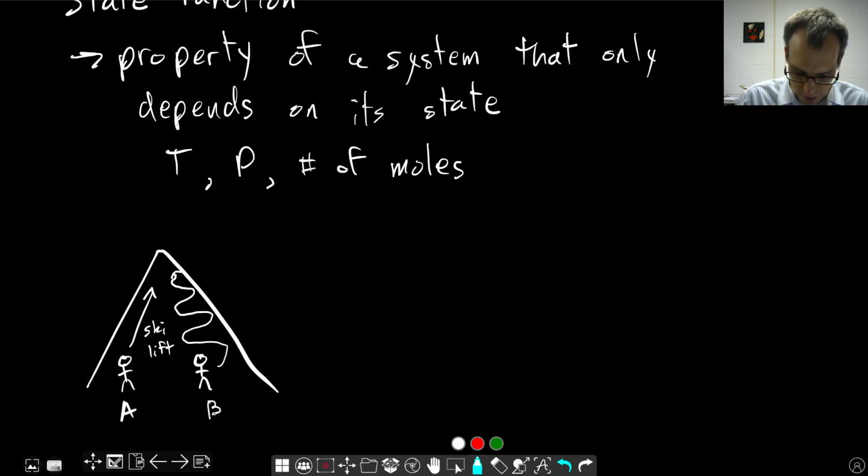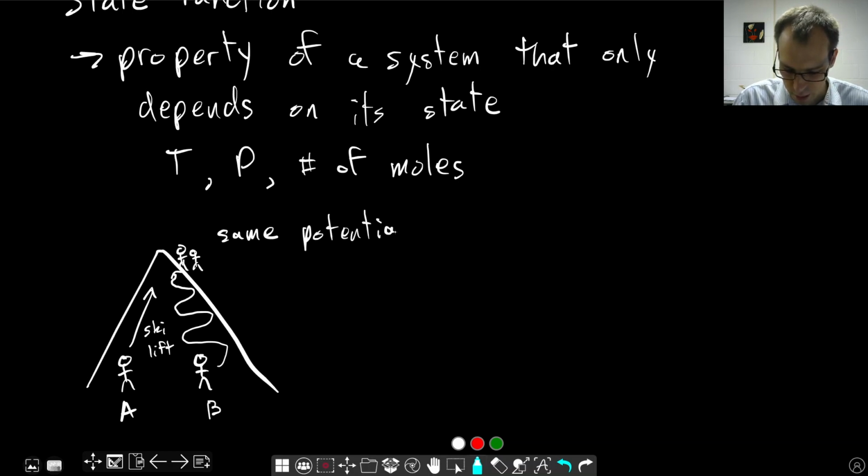So skier A and skier B are right next to each other, and they happen to weigh exactly the same amount, so that their gravitational potential energy is the same. Even though they took very different paths to get from the bottom of the mountain to the top, they have the same potential energy, provided their masses are the same.